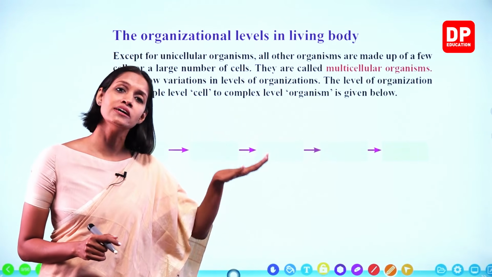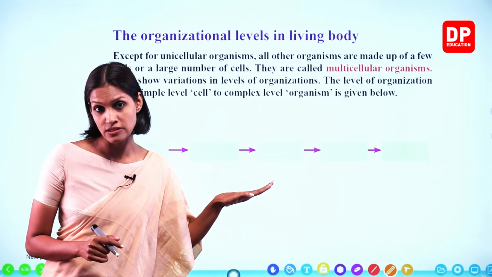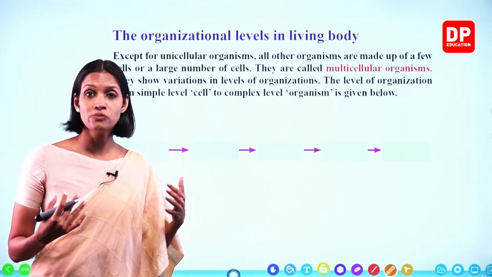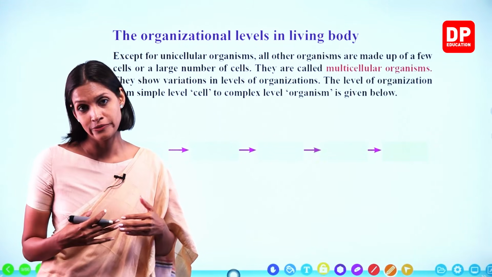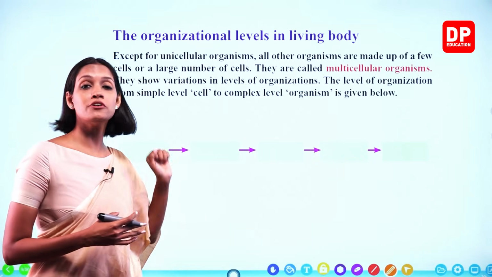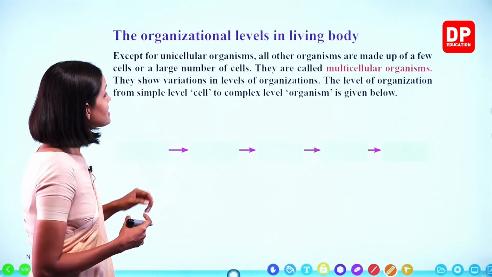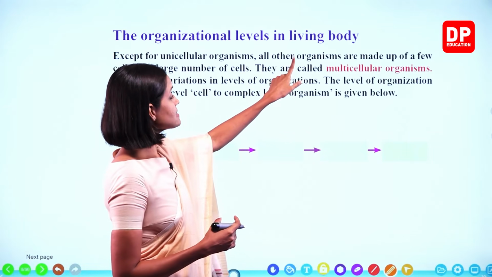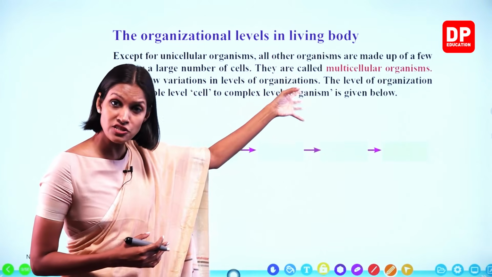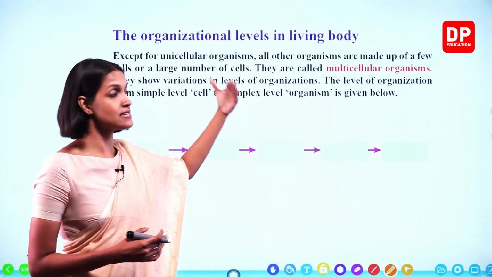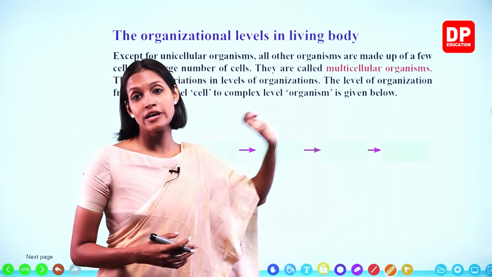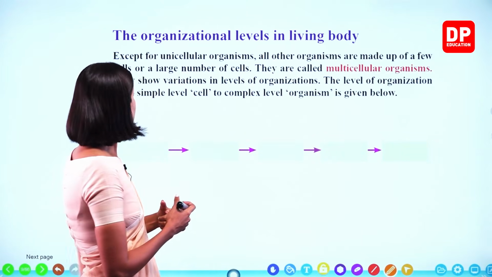They also have a very simple body structure. What about all the other plants and animals? Normally, we all have a complex body, right? So we are made up of a large number of cells. They are called multicellular organisms. Multi means many, because they have a large number of cells. These types of organisms are known as multicellular organisms, right?